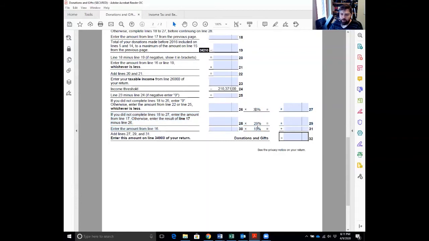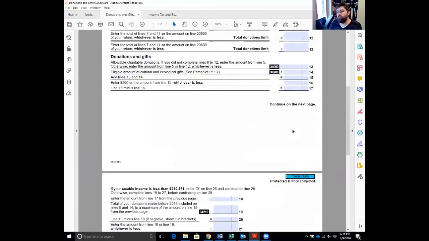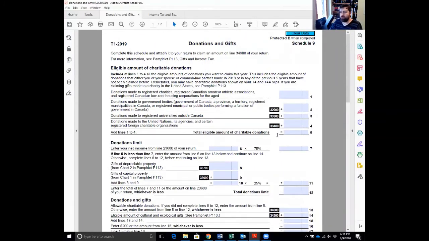So 30, different than the tax credit rate of 15%. So they could be 33, 29, 15. Okay, so that's why we've got a totally separate sheet, and donations credit is calculated on a donations and gifts schedule 9.